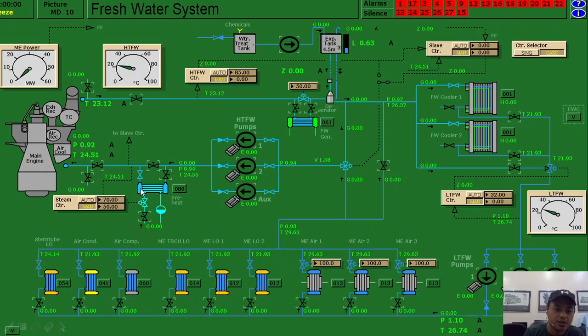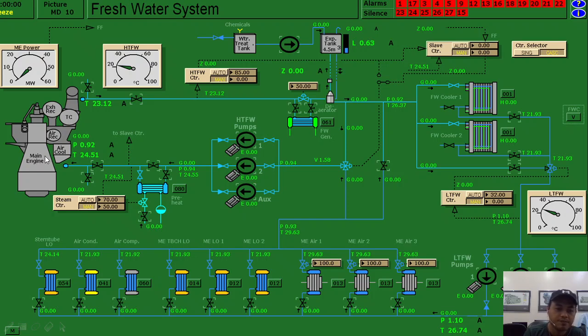Our preheater uses steam, with a steam setting of around 70 degrees Celsius. It will give steam to preheat our freshwater in the system. The steam line returns through the steam trap back to the steam system.